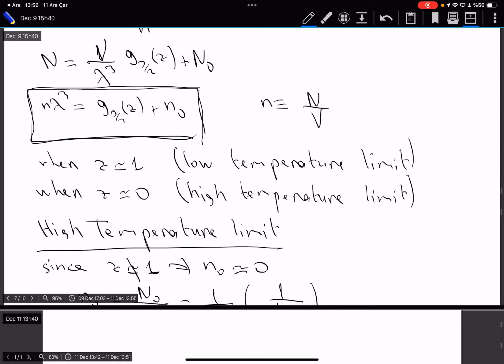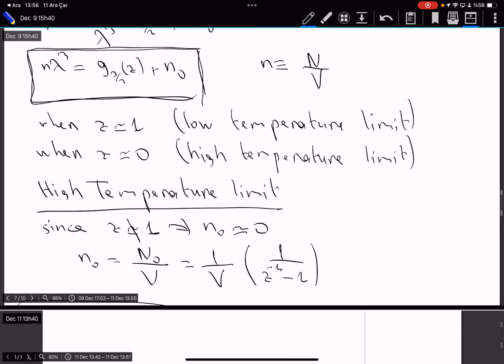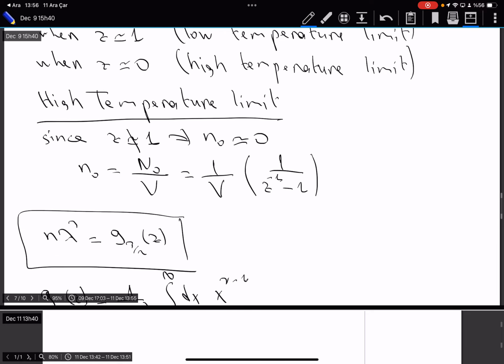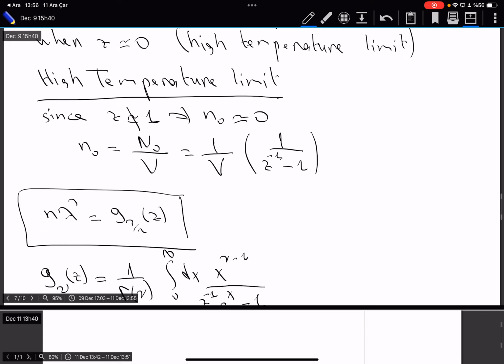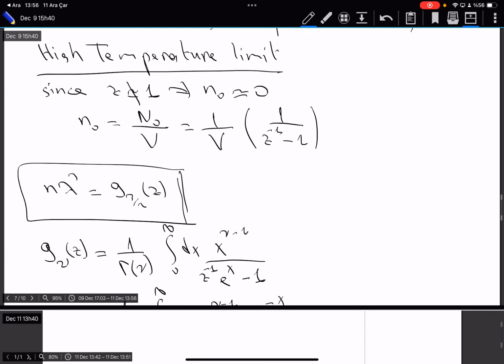Well, if z is not close to 1, N0 is negligible because of our previous arguments. If we neglect N0 and z is not equal to 1 or close to 1, now z, again, keep in mind that it's smaller than 1, so it's a number smaller than 1, somewhat close to 0. Well, in that limit, we have this equation to solve.